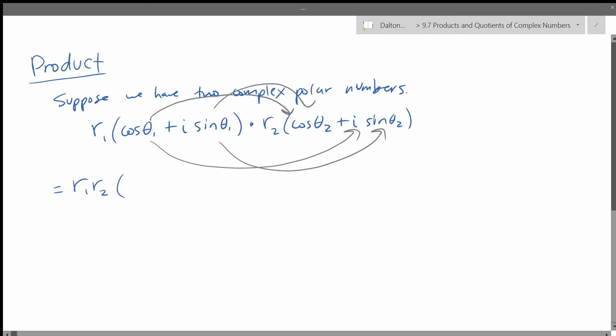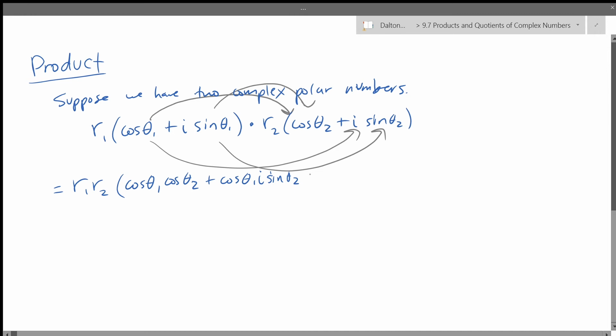If we multiply the first numbers, we get cosine theta 1 times cosine theta 2. That's the first times the first. The outer is going to be cosine theta 1 times I sine theta 2.